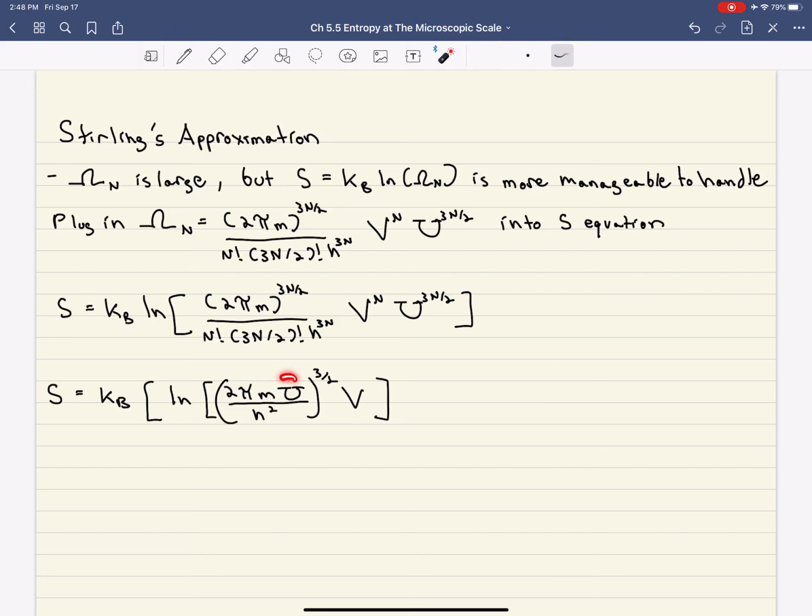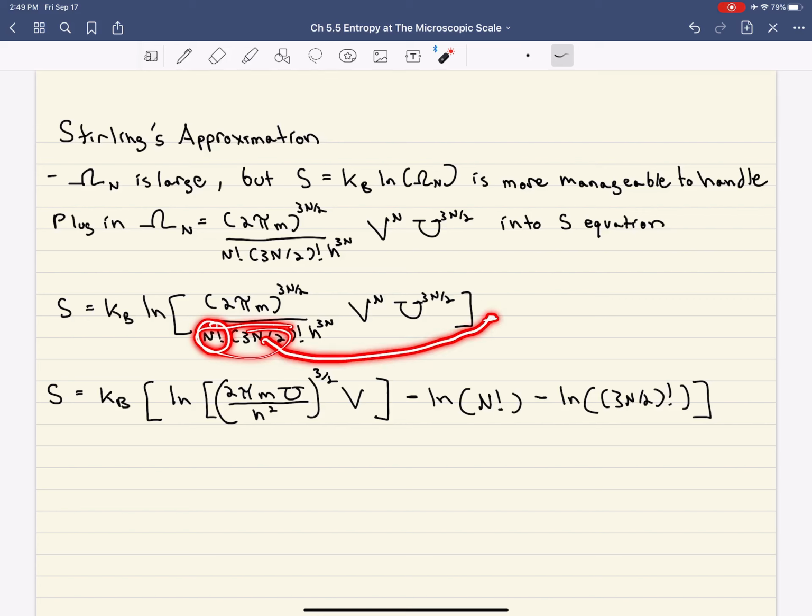Internal energy is in here, in the 3 halves. Volume's out here by itself. I isolated these terms, and what I'm going to put over here are all the terms that had a factorial in them, divided by 2 factorial. Essentially I moved this term and this term. Using log rules, since they're being divided out, that's equivalent to being the minus natural log of that.